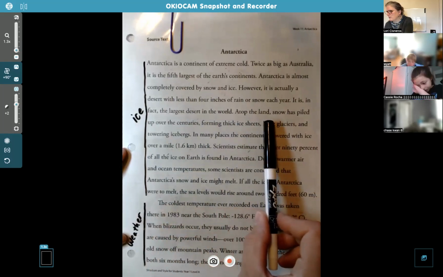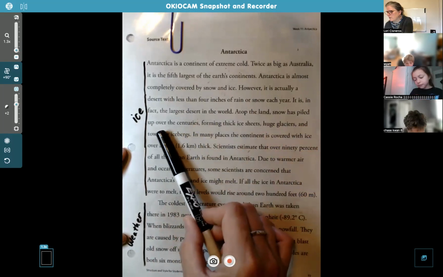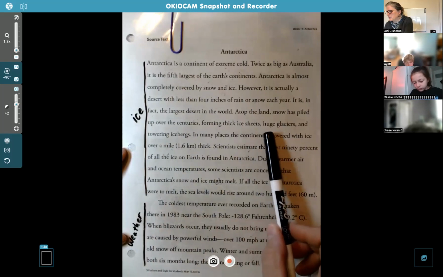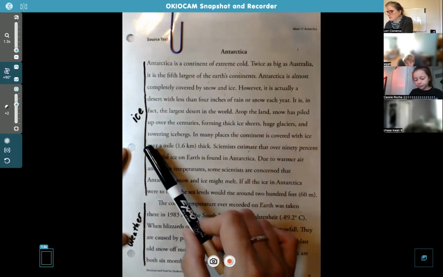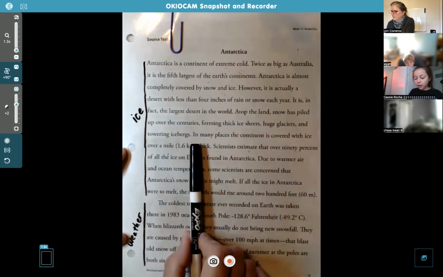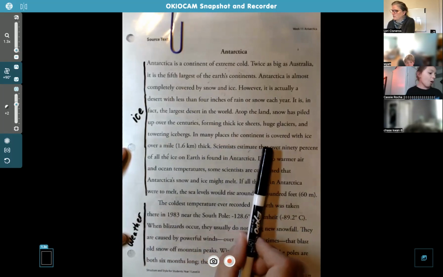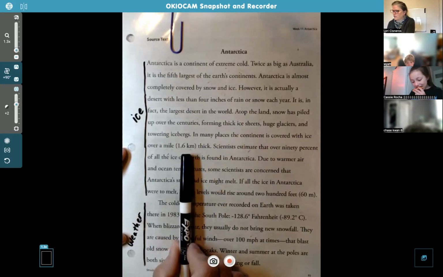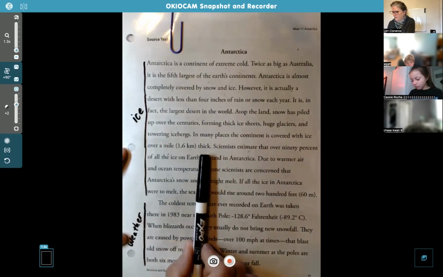Atop the land, snow has piled up over the centuries, forming thick ice sheets, huge glaciers, and towering icebergs. In many places, the continent is covered with ice over a mile, 1.6 kilometers thick.